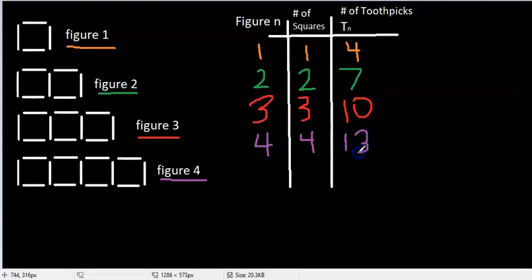So we're trying to find a pattern in the number of toothpicks because the initial question is to find a formula that determines how many toothpicks are in each figure.